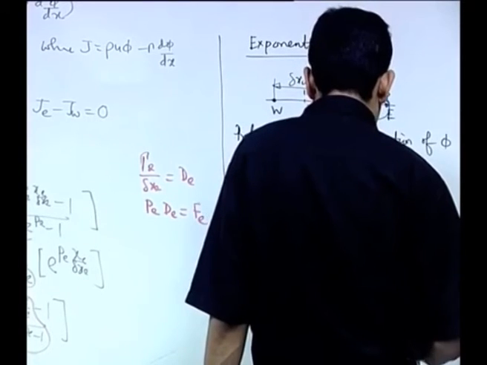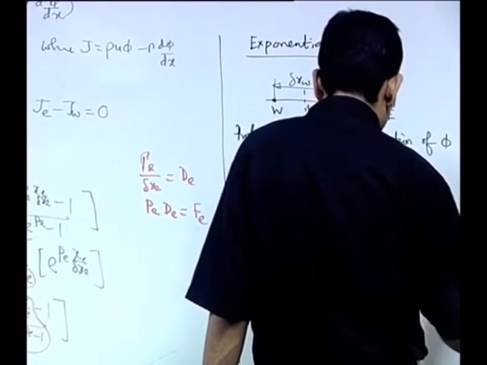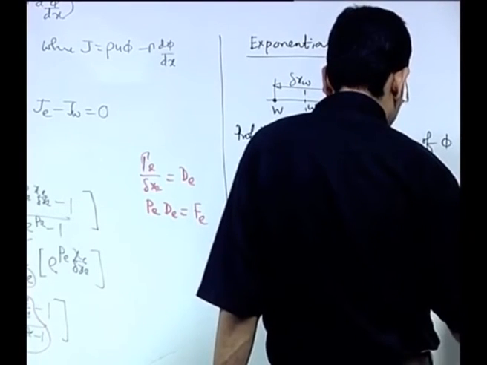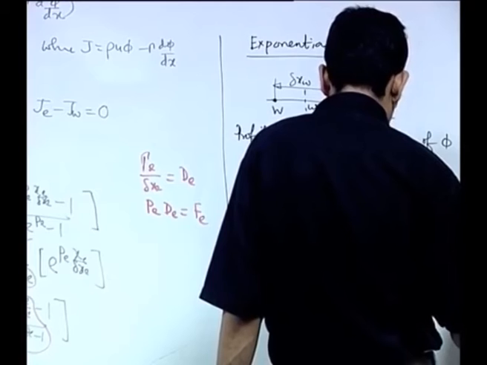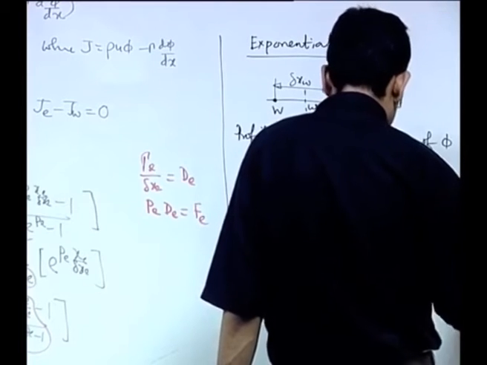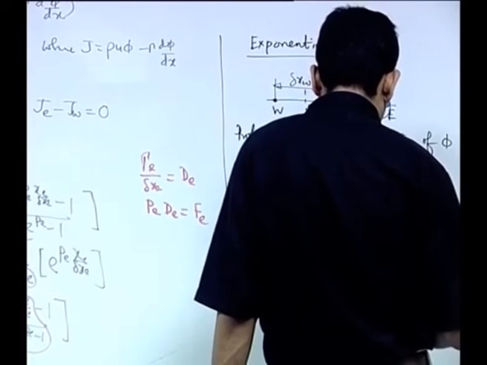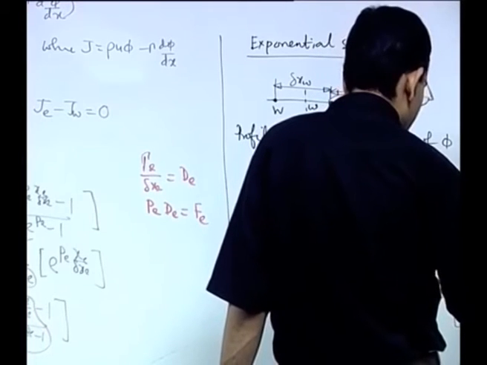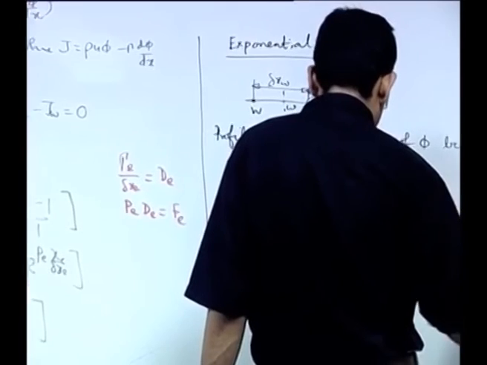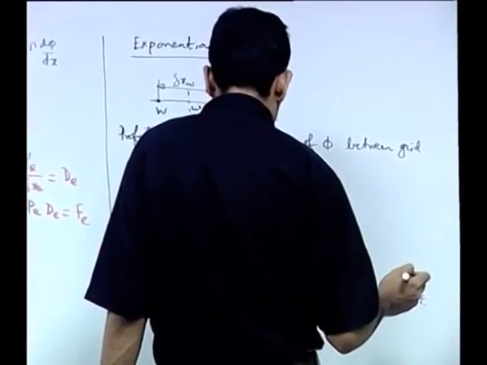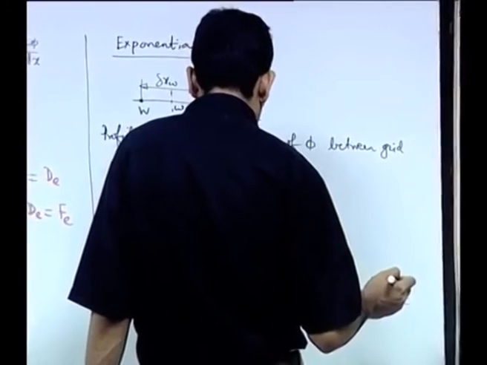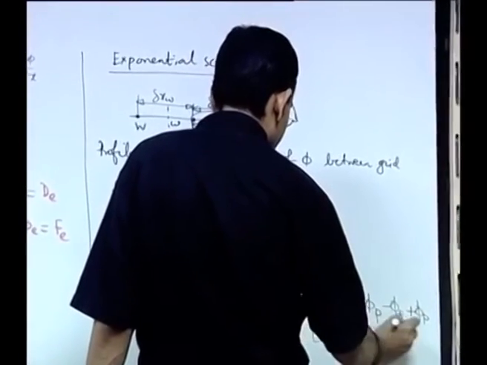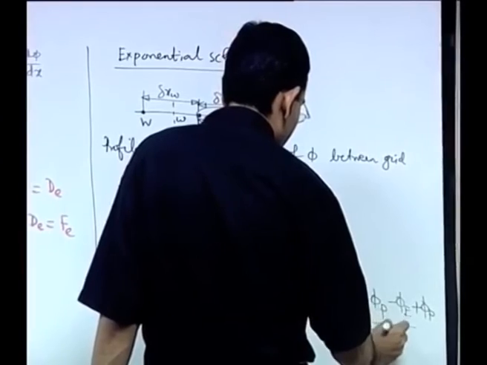So, it becomes F e, e to the power p e phi p minus phi p minus phi e, then plus phi p, by e to the power p e minus 1.